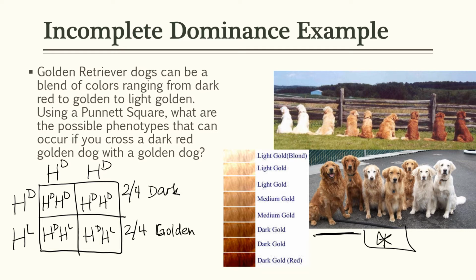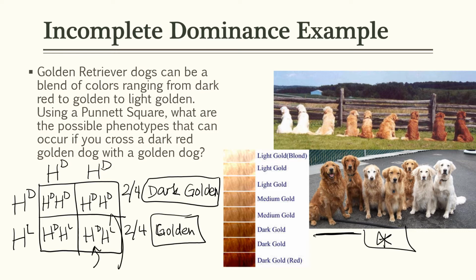So what are the possible phenotypes that can occur? Well, the phenotypes are dark golden and golden. Those would be the phenotypes that I would get. If I wanted to know the genotypes, you would have to write whatever we put inside the Punnett square.